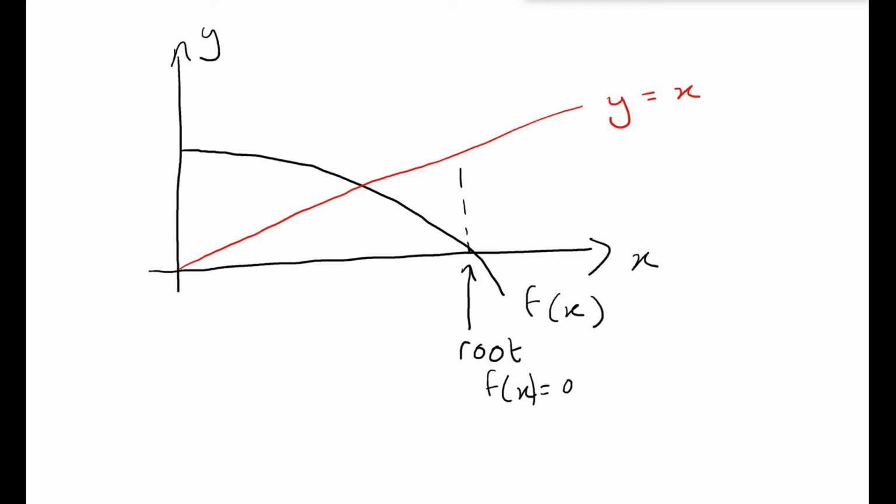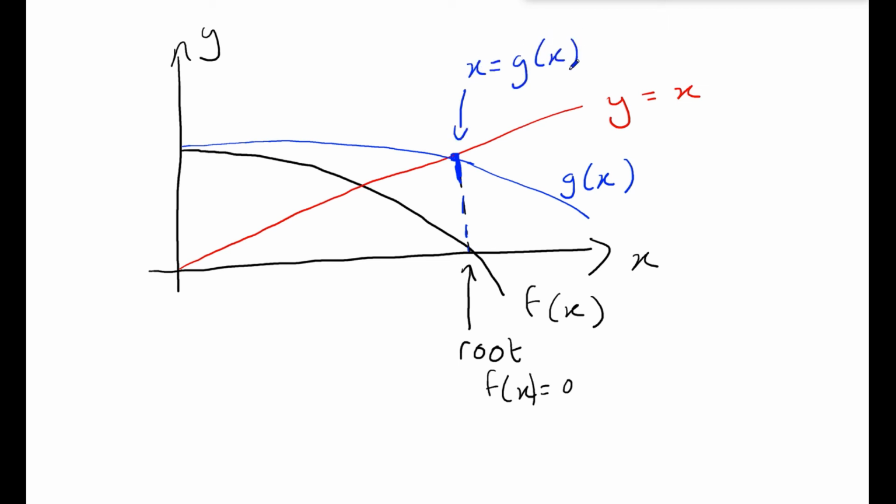And then finally, if I get a blue line, say we have something like this, and this is our function g of x, and the intersection here, I can just extend down, and that's a fixed point, and then we call that our fixed point.